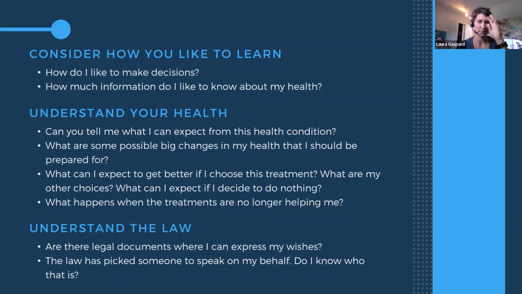Which ones can I just have a witness's signature for, rather than spending all of this money on a lawyer? And if I decide not to fill out any documents, which is totally within your right, who is that fallback person that the law has laid out on my behalf? Who would that end up being, and would I be okay with that person?